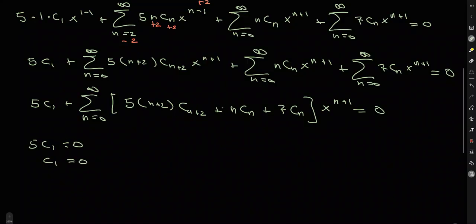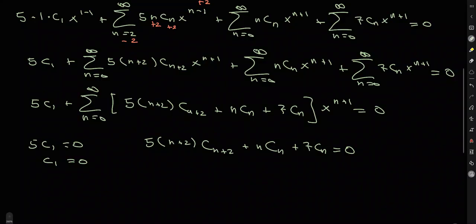And then the coefficient of x to the n plus 1 on the left-hand side must be equal to the coefficient of x to the n plus 1, but we don't see anything on the right-hand side. Well, that means it's equal to 0. So that is 5 times n plus 2 times c sub n plus 2, plus n c sub n, plus 7 c sub n. Let that be equal to 0.